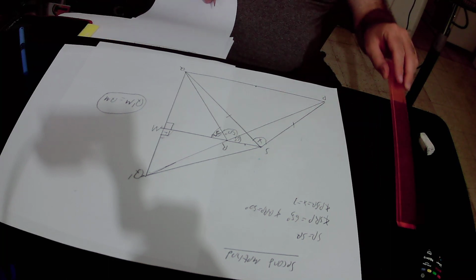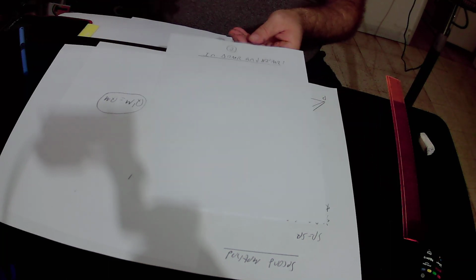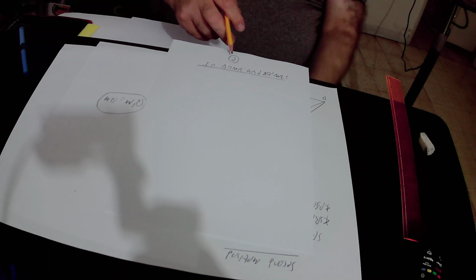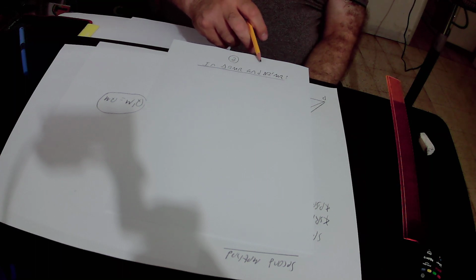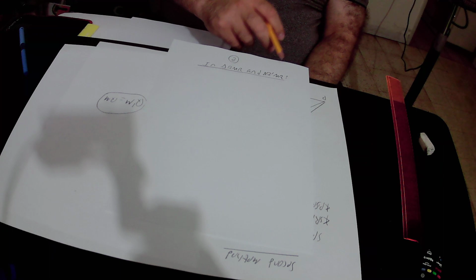Again, we will prove that the right triangle QMR is congruent to the right triangle Q dash MR.